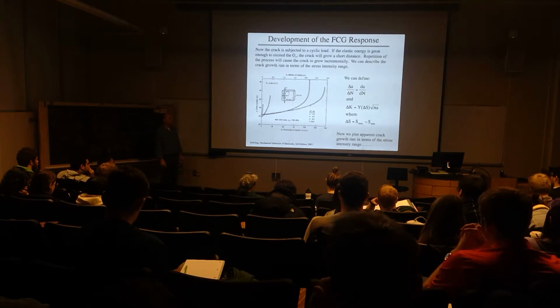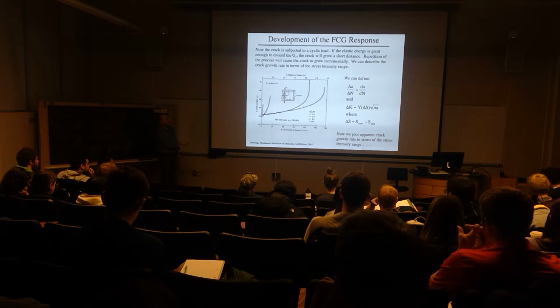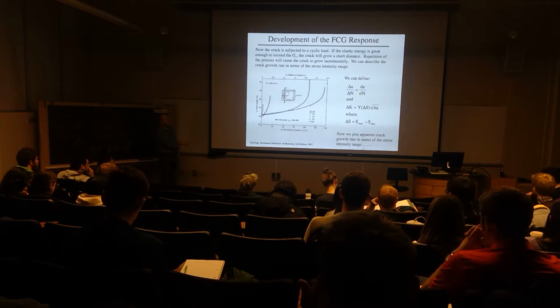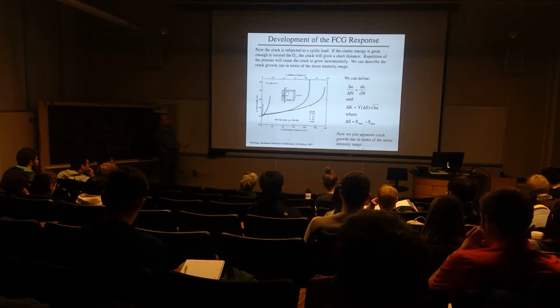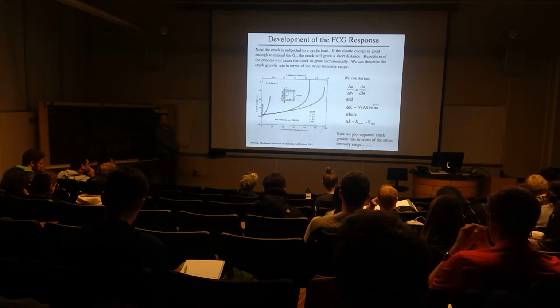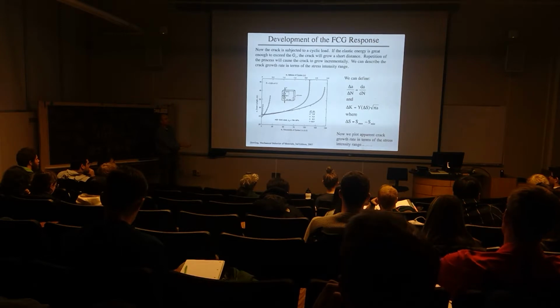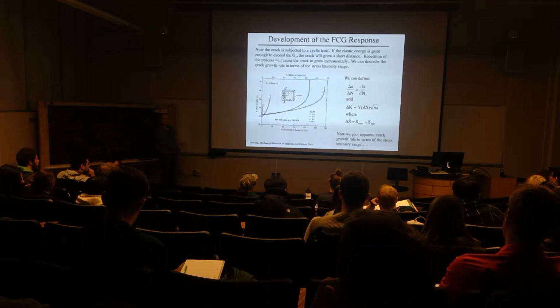Very straightforward. And then with all of this data, we can define da/dN as a function of delta K, and delta K comes simply from the value of the geometry factor, our knowledge of the stress range that comes from the loading range, and our knowledge of the incremental crack length over that history.